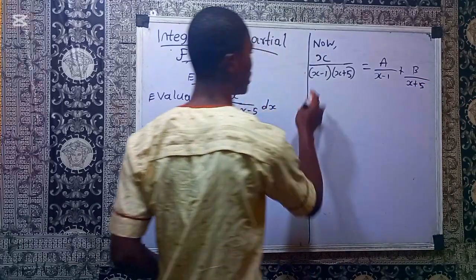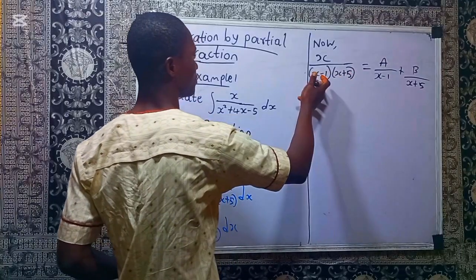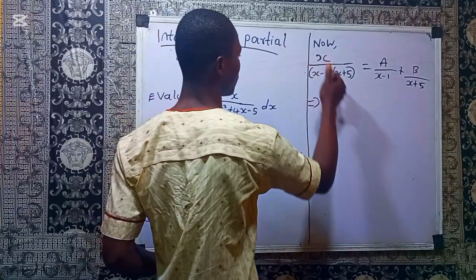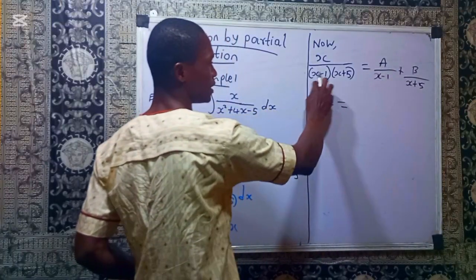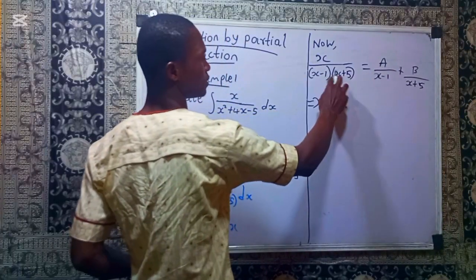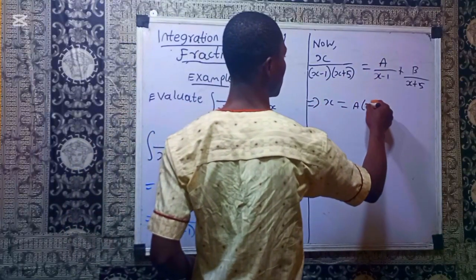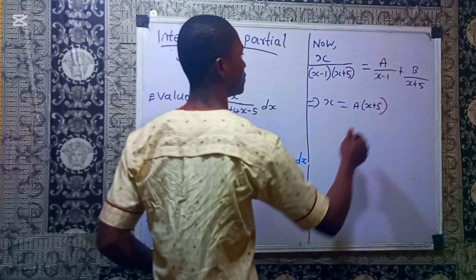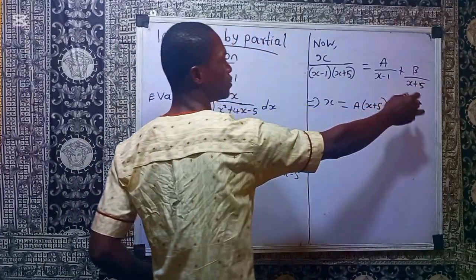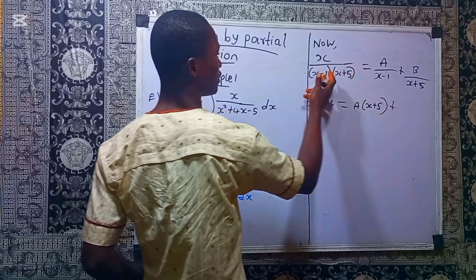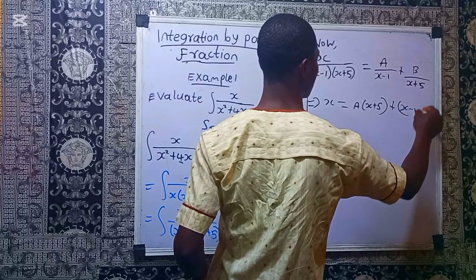So this implies if you multiply both sides by this denominator, you will have x here equals to, multiply this fraction by this denominator, this will cancel this, remaining this quantity multiplying a, so I have a into x plus 5, plus this denominator multiplying this last fraction, this quantity will cancel this quantity, remaining this one multiplying b, we have x minus 1 multiplying b.